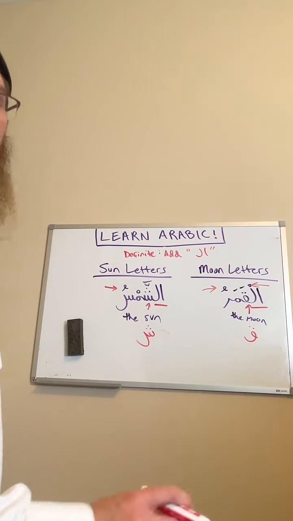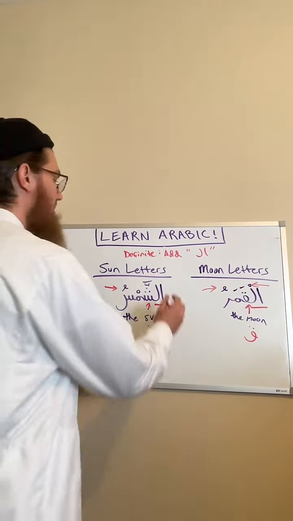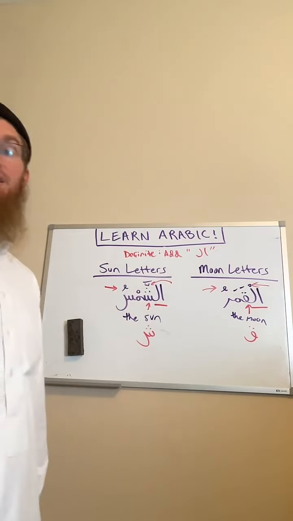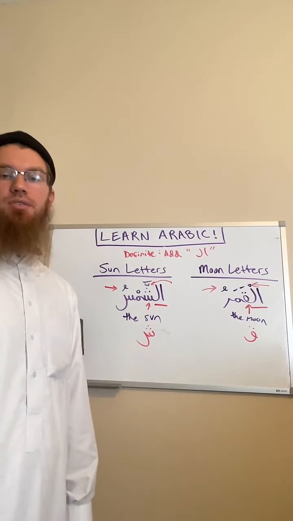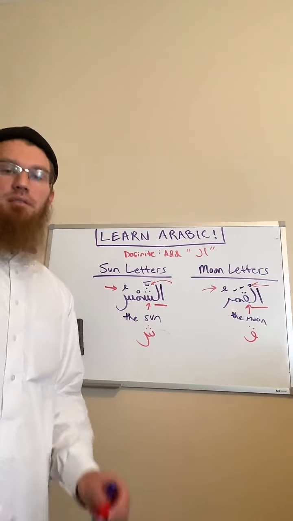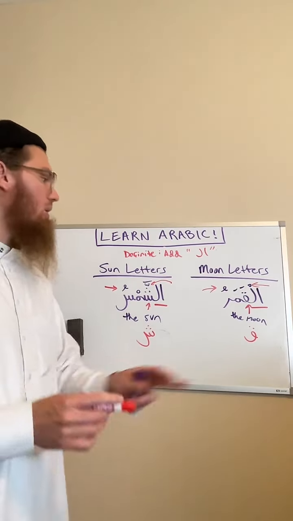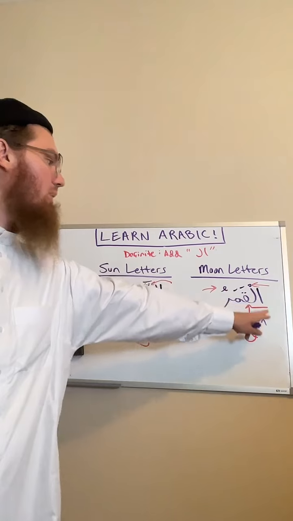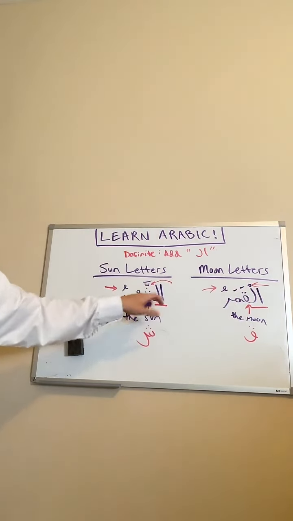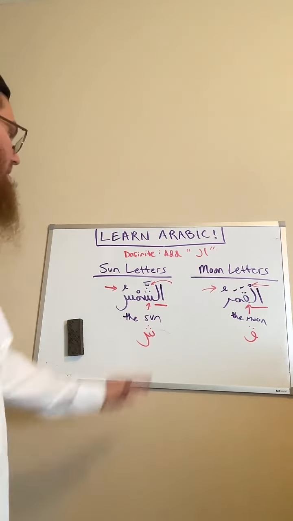If it's a sun letter that comes after the definite alif lam, you're going to see a shadda. So as long as you know how to read and you know what these symbols represent, then you'll read it perfectly fine. Because you'll know that sukoon means that I do pronounce the lam, al-qamaru, and you'll know that that shadda means that I don't pronounce the lam, ash-shamsu.